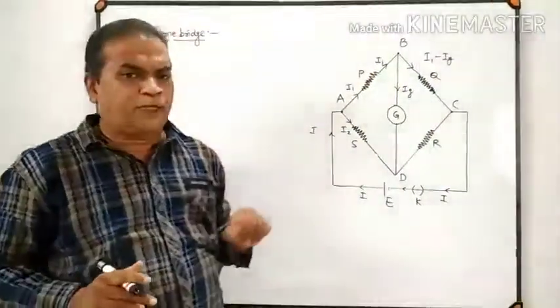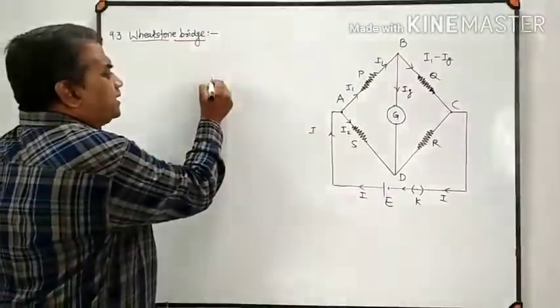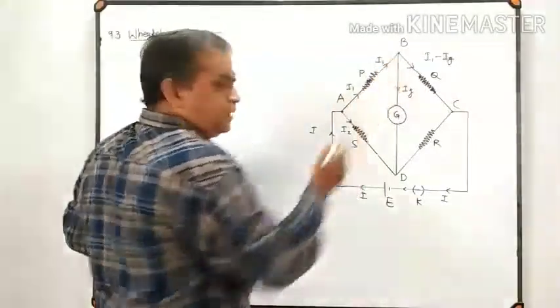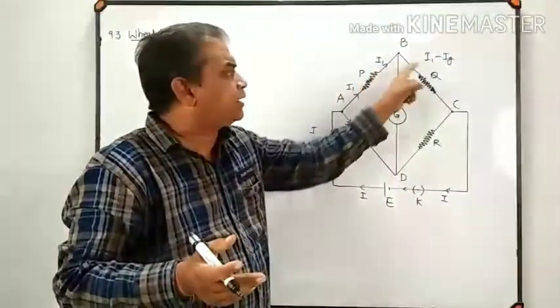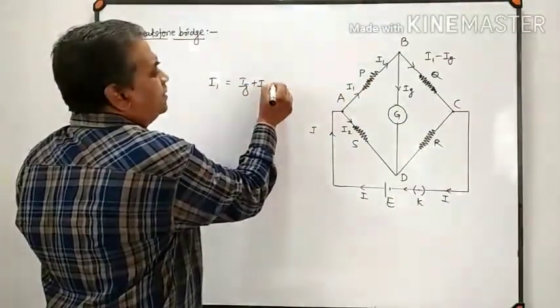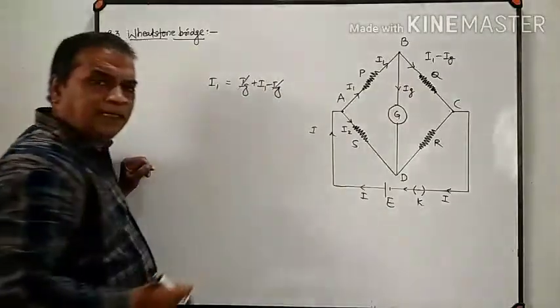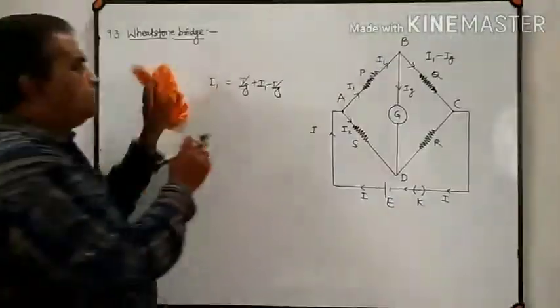Now look at junction point B. According to Kirchhoff's current law, incoming current, only one incoming current I1, is equal to outgoing current. Here there are two outgoing currents: first is Ig and second is I1 minus Ig. Since plus Ig and minus Ig get cancelled, I1 is equal to I1.